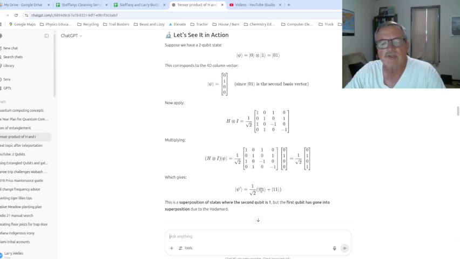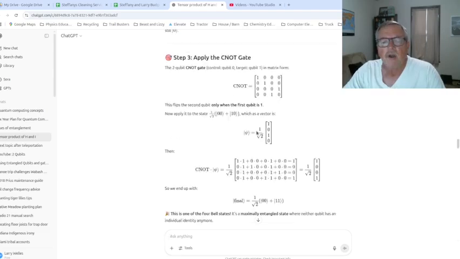So we need something that'll make the second qubit change so that both the first and the second show that superposition. Okay, here's our setup that we just went through. Here's the combination of 0 basis state and 1 basis state all combined together, which is just what we came up with that has that superposition.